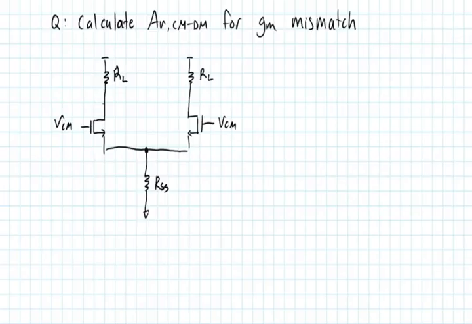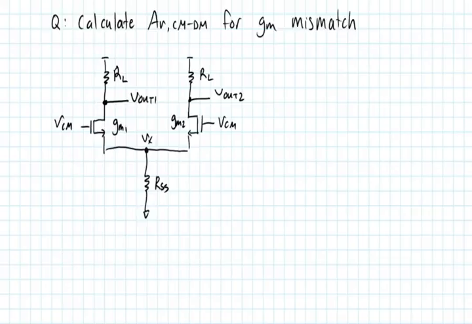These RLs exactly equal each other. This is V out 1, V out 2. This is GM 1 and GM 2. Now, nominally, they should be biased to have the same transconductance, but let's just say that for the purposes of this example, the W over L ratio of transistor 1 is a little bit different than transistor 2.